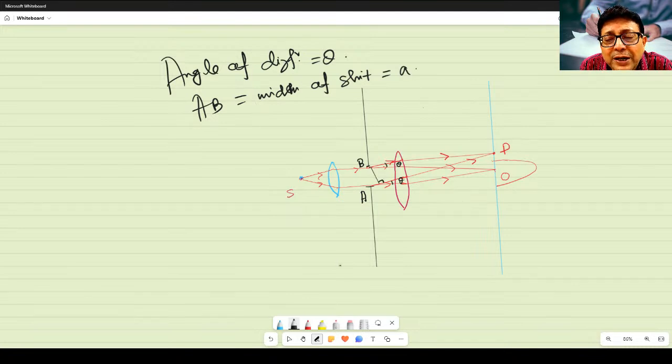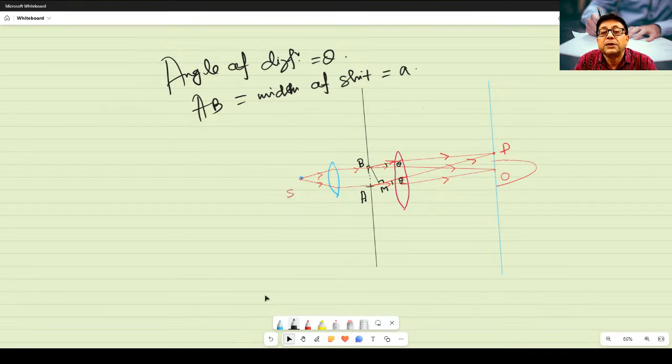If we draw a perpendicular here, you can see easily, this is the perpendicular BM. On this line we have drawn the perpendicular BM. And this is the slit width. So light going from B to P or from A to P, the extra path is traveled here. B to P path length and M to P path length are the same.